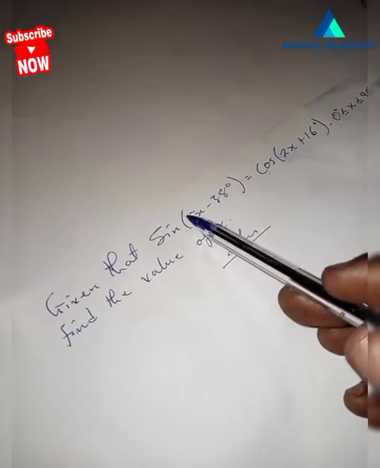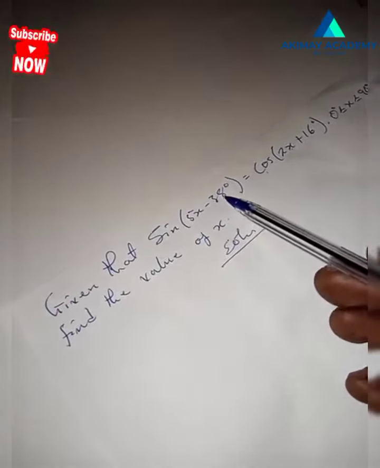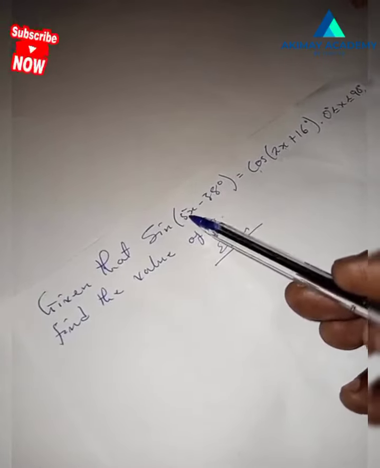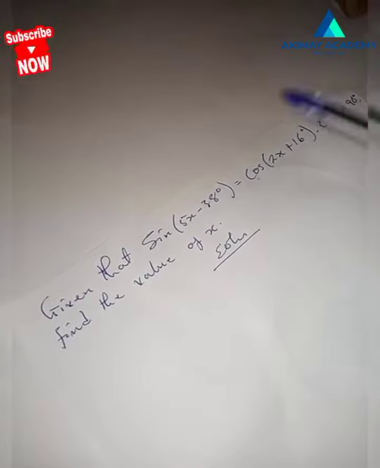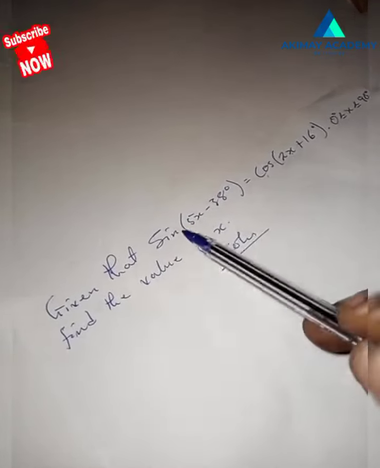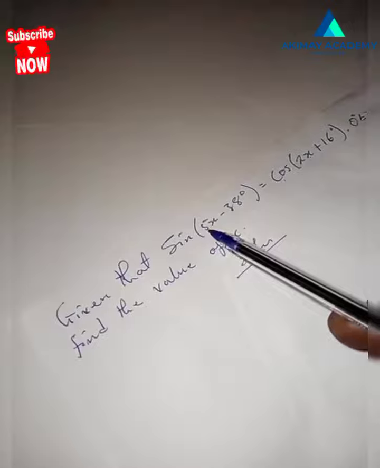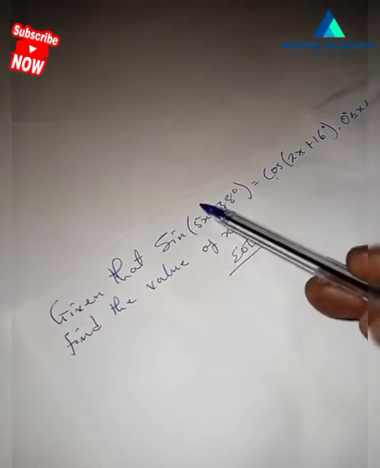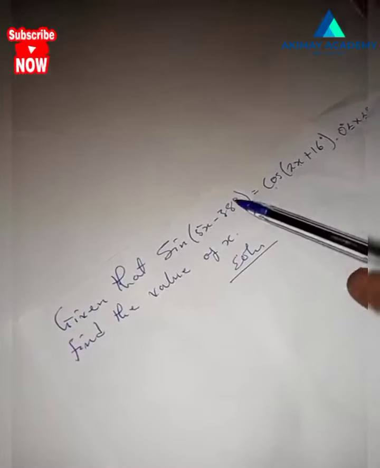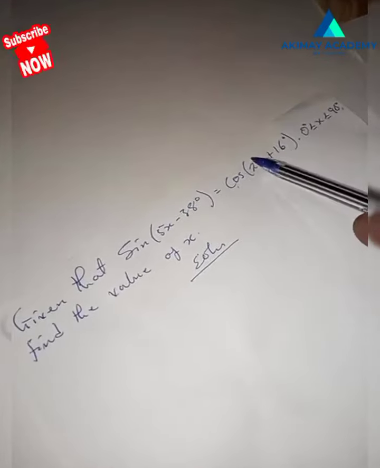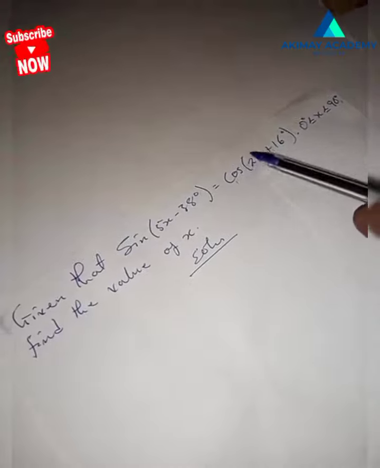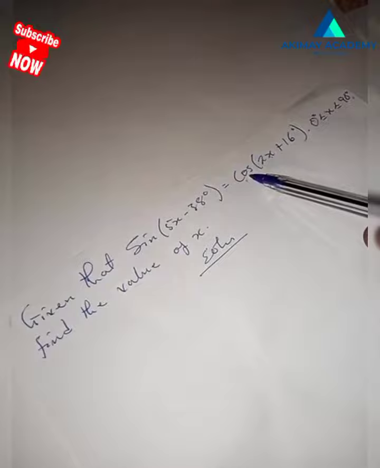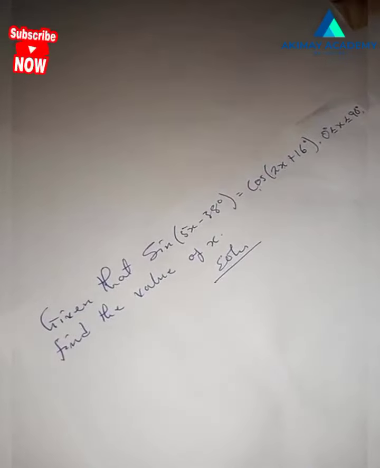So 90 minus (5x minus 38 degrees) should give us the cos of this angle. When we take everything over here from 90 degrees, we get cos of that value, and here too we get sine of that value, because here is cos. I hope I'm very clear here.